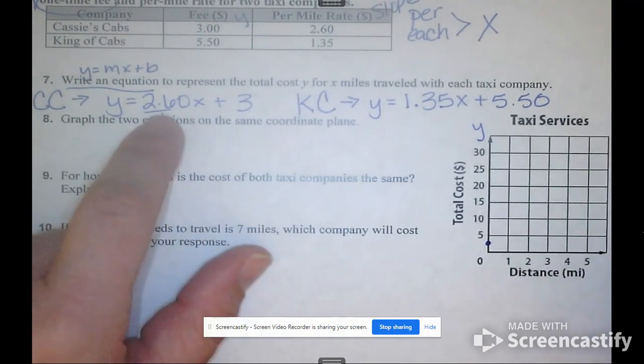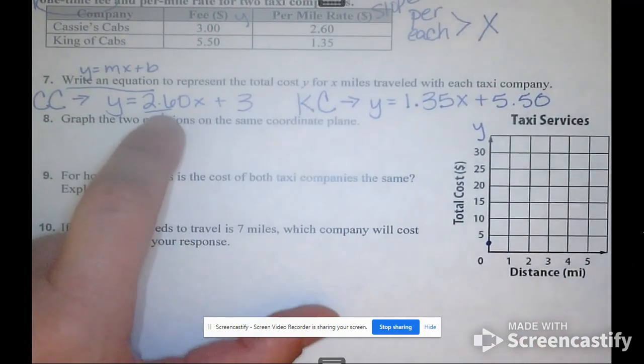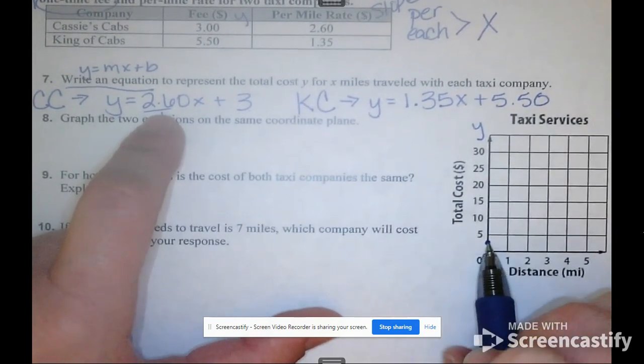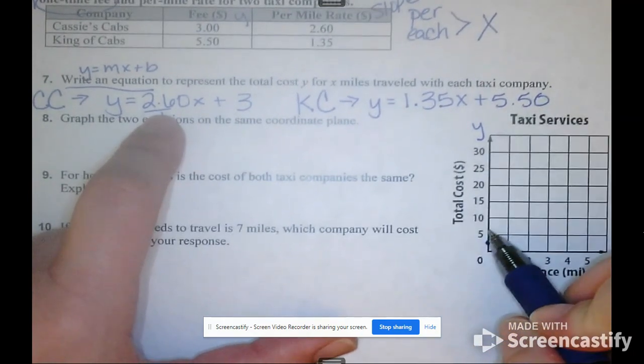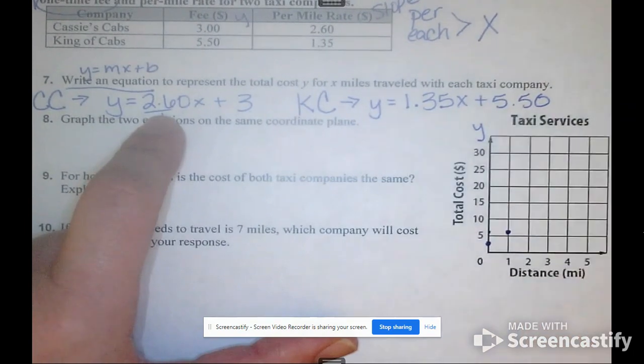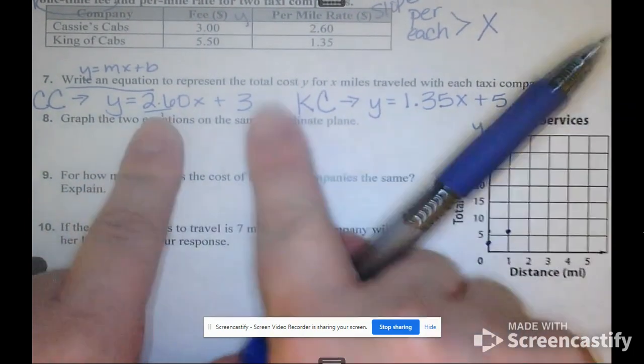It's just hard because this graph is so bad. So 2.6, we're going to kind of round that up to 3-ish. So if it was 3 over 1, that means I start here and then I go up 3. So that would be about here and then over 1.